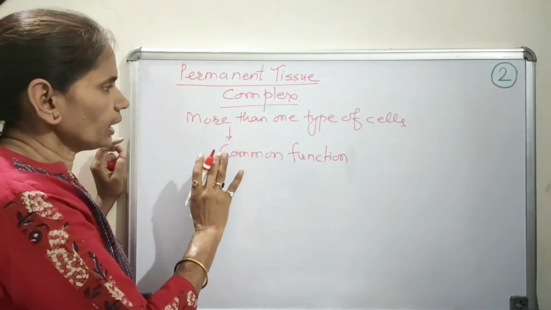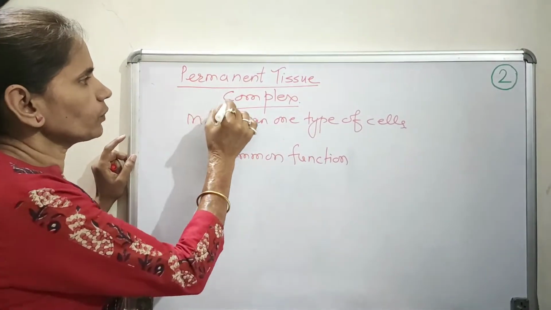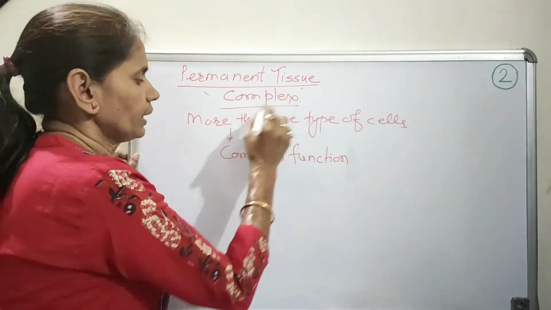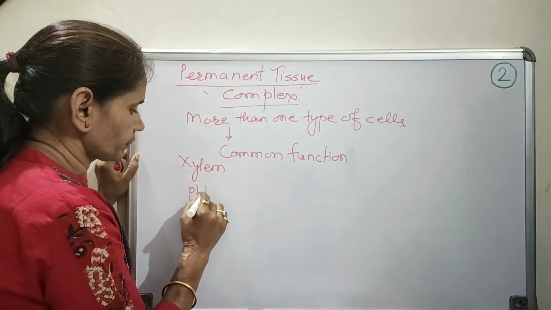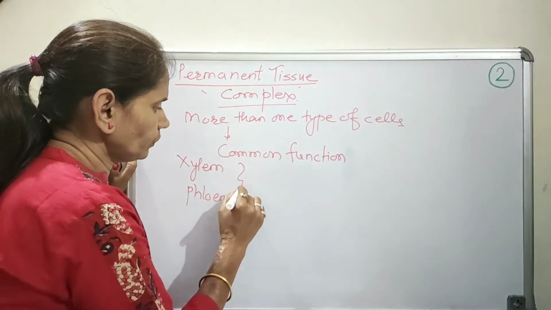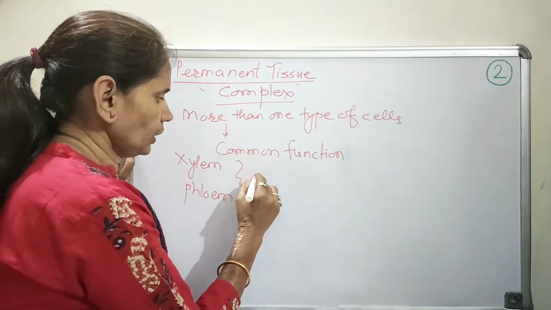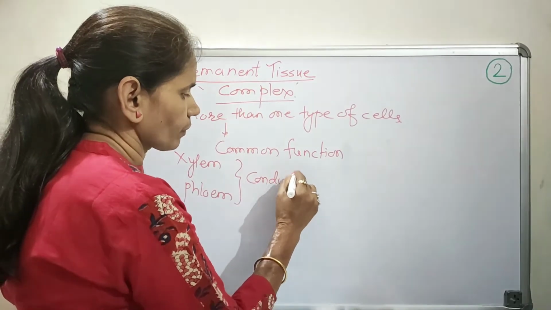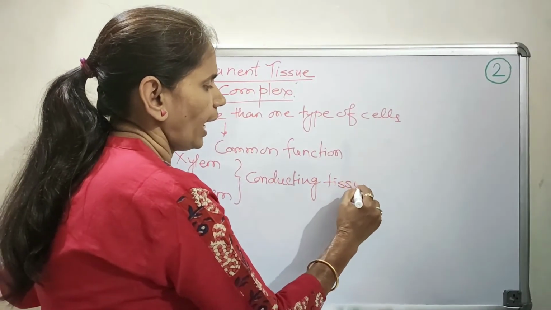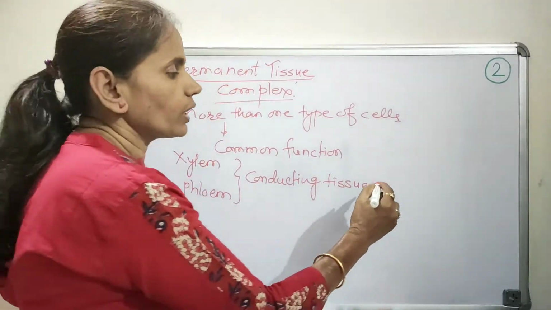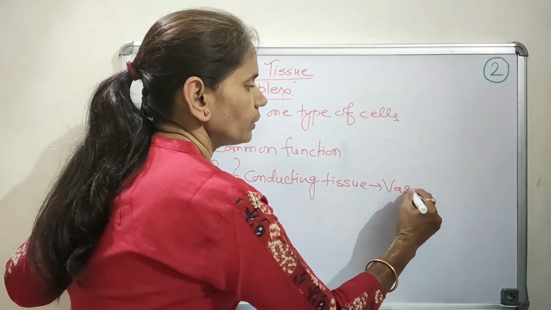Now there are two major types of complex permanent tissue, that is xylem and phloem. Both of these are conducting tissues, and they constitute a vascular bundle.